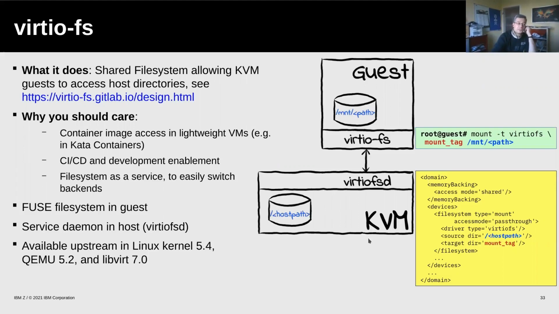At the end of the day, it really boils down to this: in the KVM host, you need to store all of your data in some arbitrary path, in some directory, and you're exporting it, if you will, towards the guest, so you can then mount it inside the guest. Very convenient, saves you the trouble of setting up some file server for sharing or some real shared file system, that kind of stuff. Very convenient.